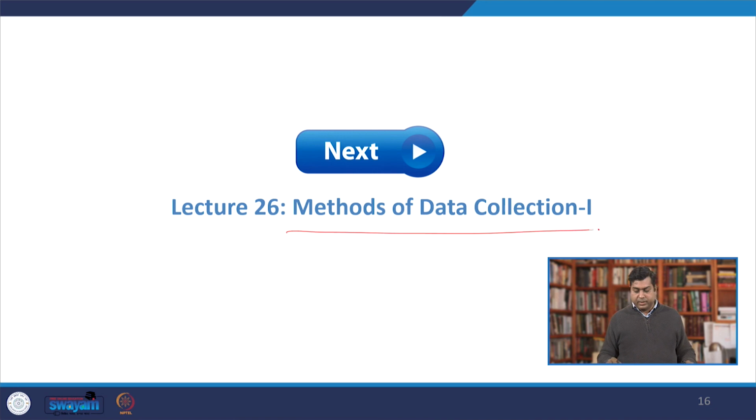If you go for observation survey, participation survey, or some other type of experimental thing and all, the methods of data collection will also change. So for the next few lectures, we'll discuss those aspects one by one. Our upcoming lecture will be on the methods of data collection, part 1. We'll be discussing that in the next session.